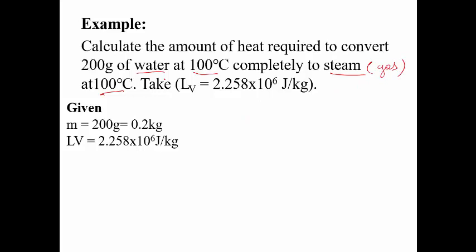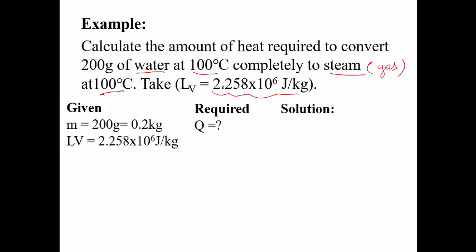Since it is liquid to gas, water is liquid and steam is gas, we can use latent heat of vaporization, and we can take this constant. We are asked to calculate Q. That means at this constant temperature, how much energy is required to change 200 grams of water at 100 degrees Celsius to steam at 100 degrees Celsius.